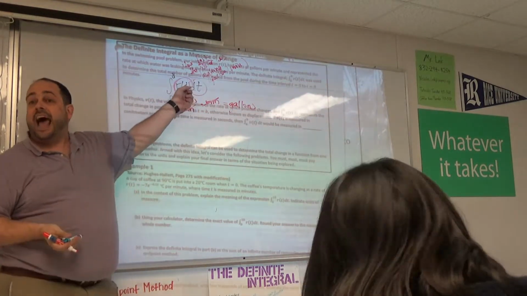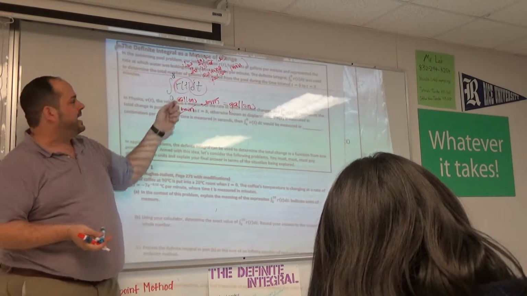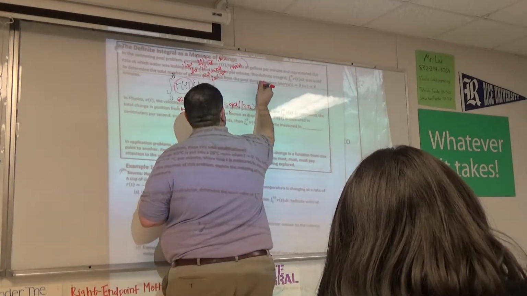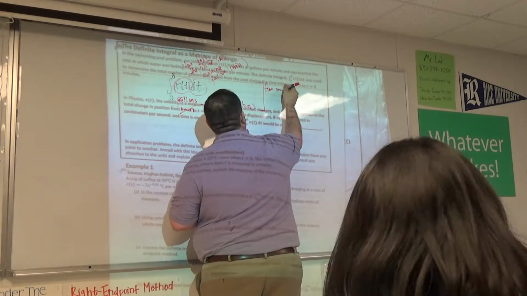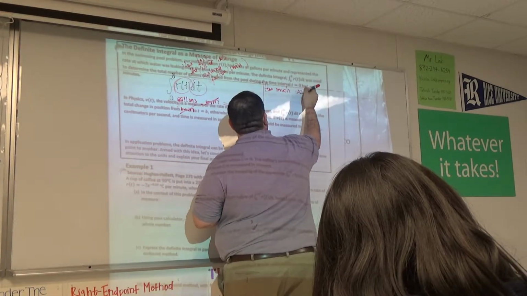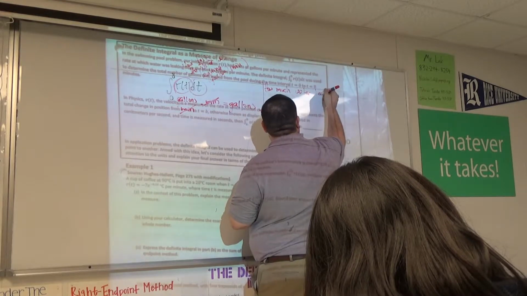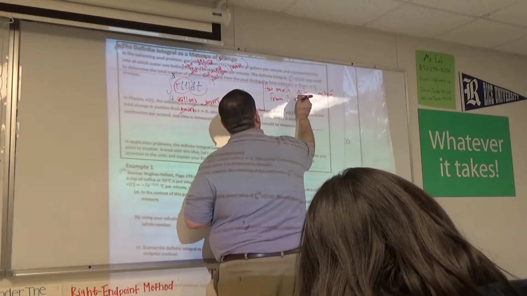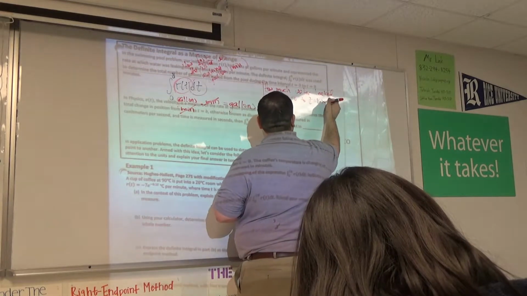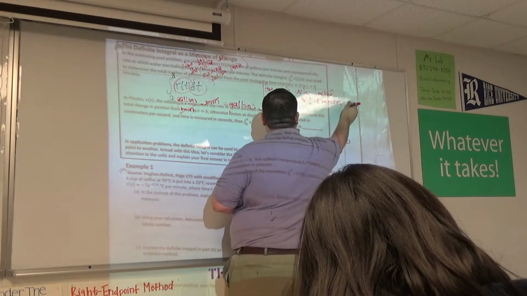R of t is how fast the water is coming out, but the definite integral from 0 to 8 is going to represent how much. So not how fast now, but how much water leaked from t equals 0 to t equals 8 minutes.